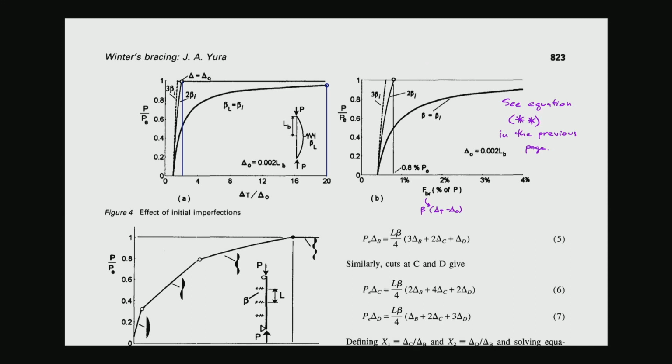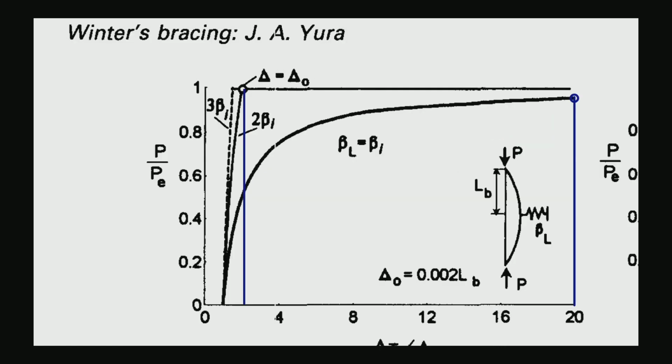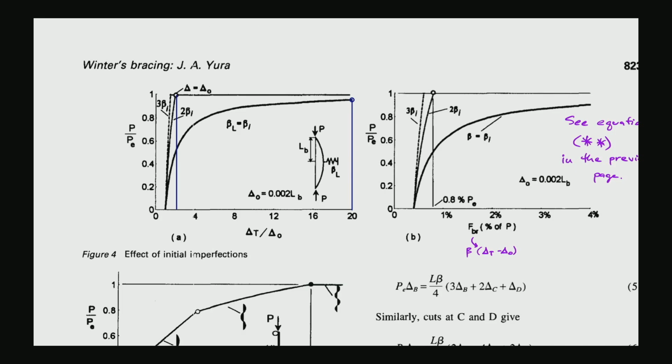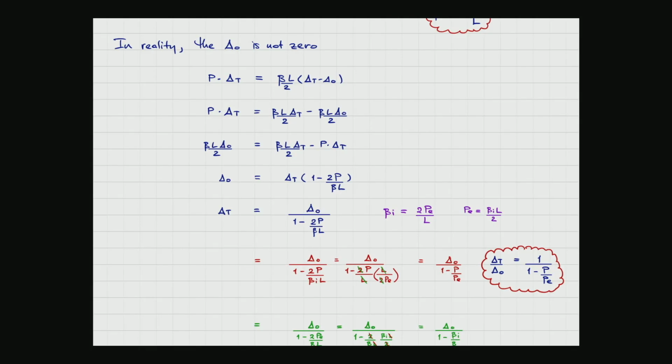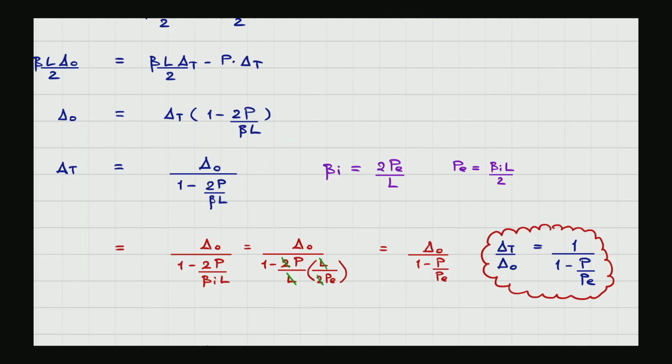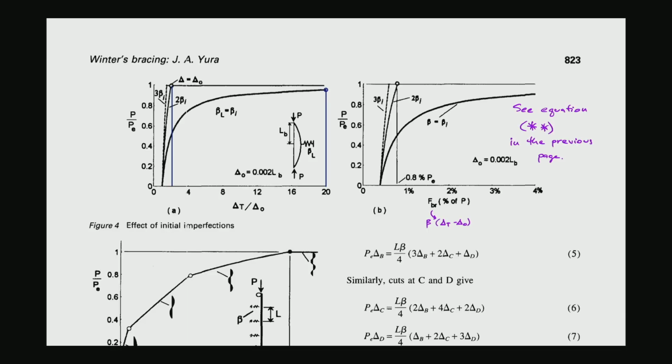This figure is very useful because you can test it against different numbers of delta naught. Okay, but that is not the big deal. The fun part is to be able to see that when the P over PE ratio is achieved, it will not be greater than 1.0, right? So you can plug that in. I can just copy this one and put it on the side of the figure.